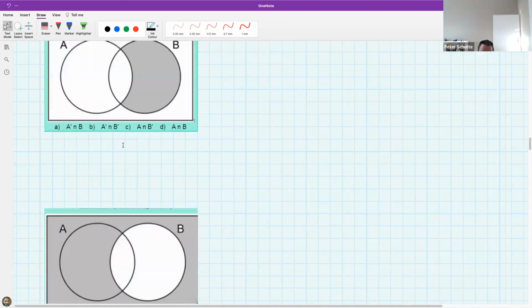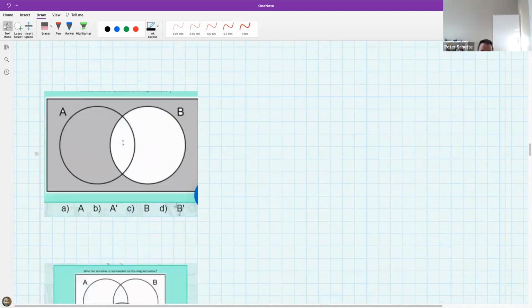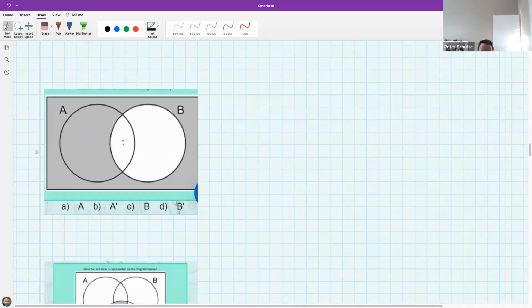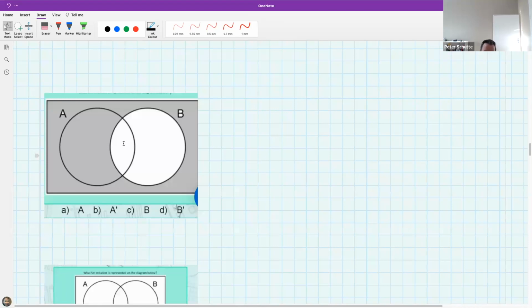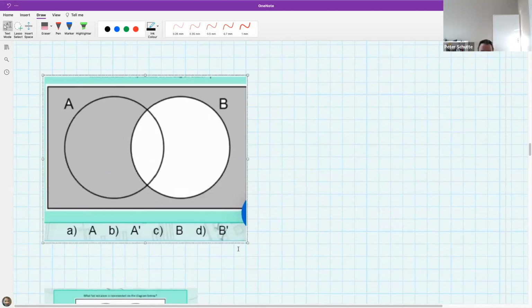Okay, let's do. Which of these is the colored in option? So remember, it's not the one that's white, it's the one that's gray, that's colored in. What is the correct option going to be?